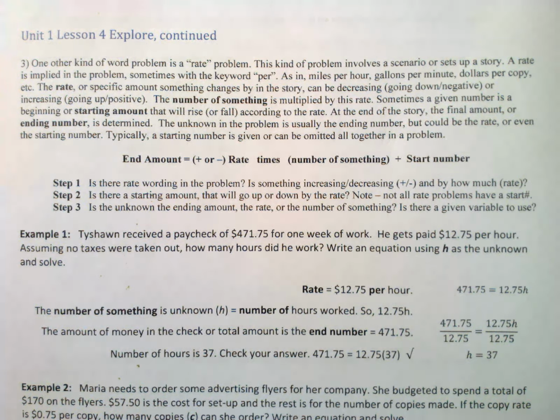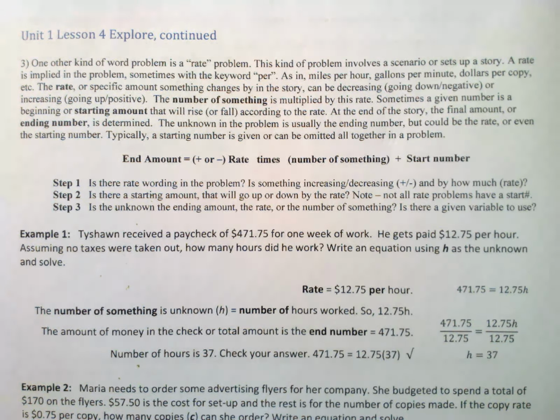But sometimes what's missing is what is it going up by? So, what is the rate? Where did we start from? If we started from a certain place that's unknown and we ended up here, how did we get there? The rate, the rate of change, and the number of something that changed, that kind of thing.